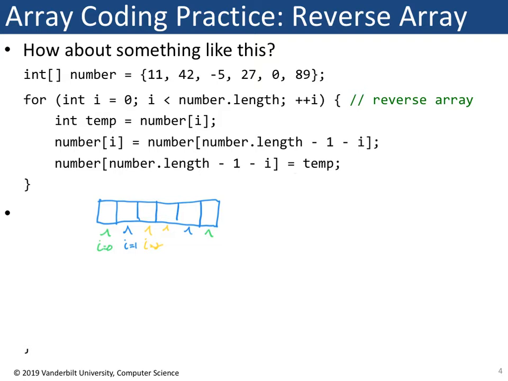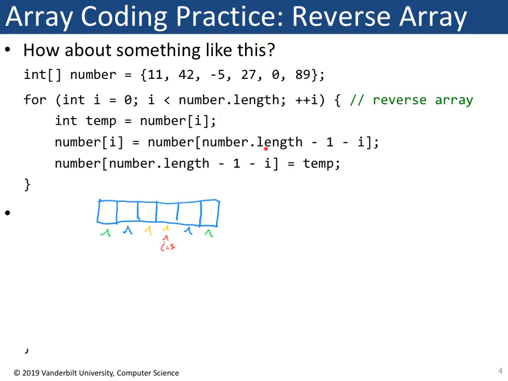But our code is not done, because we're not going to stop at 2. We're going to stop at 5. So we are already done. We've swapped everything. However, if we continue swapping, I equals 3, what's it going to swap with? Is it going to read past the end of the array?